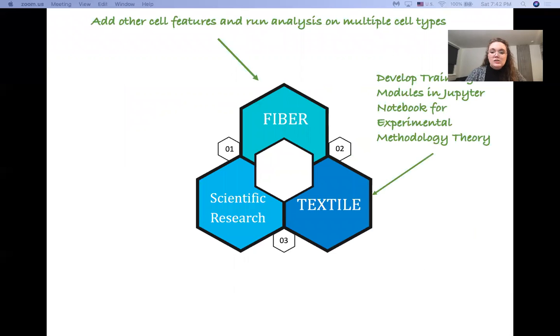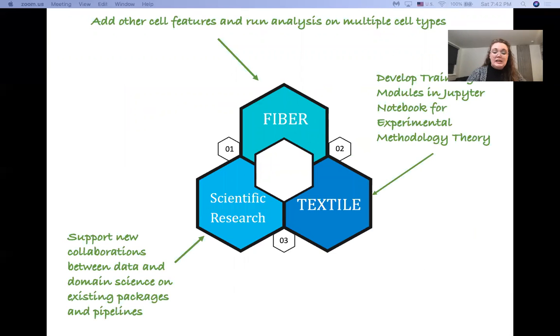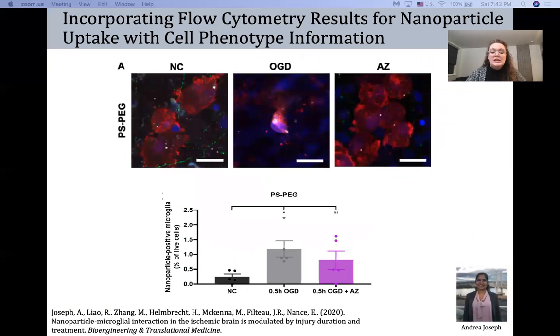And we can also put all of these things together and support new collaborations. This paper has so much other data in it that shows this difference between injury and treatment, such as fluorescence-activated cell sorting. And we can combine all of that if we have researchers that are empowered to understand data science and data scientists that are free to explore new applications.